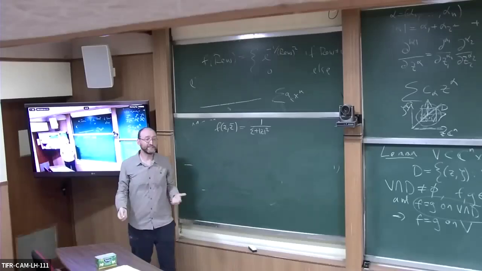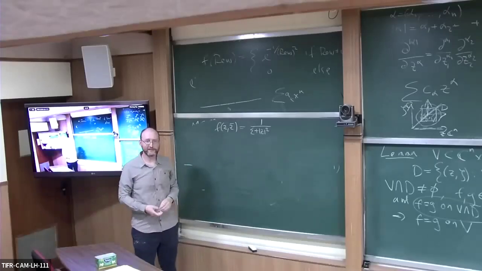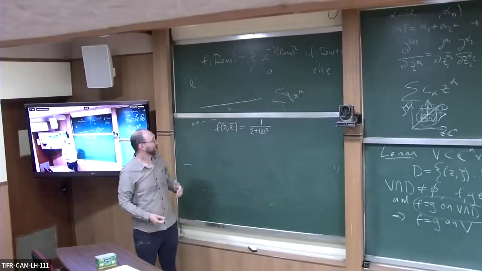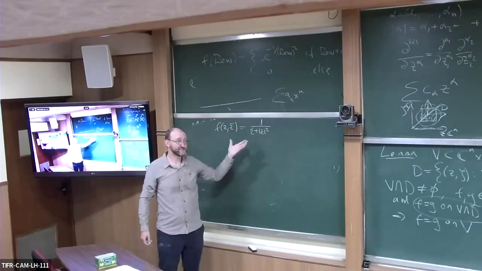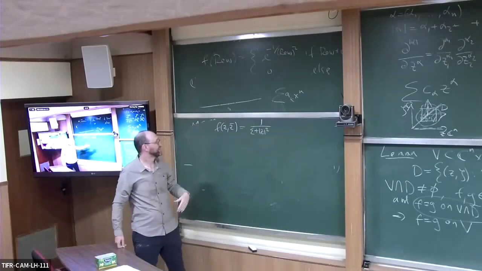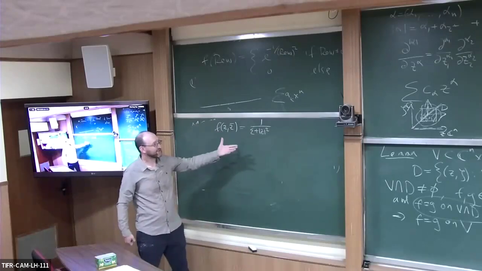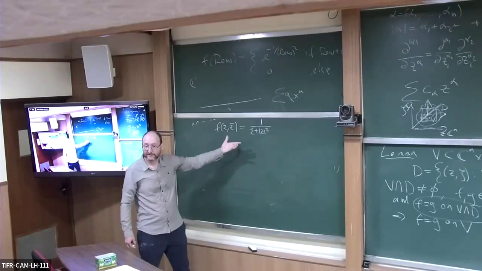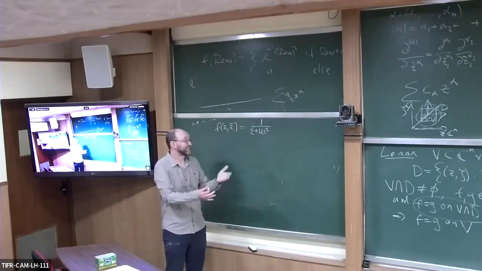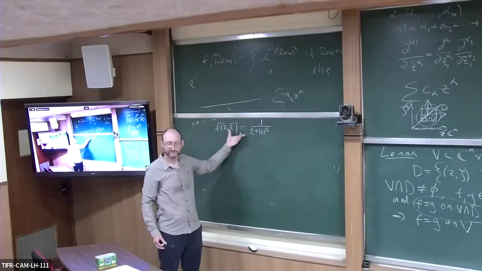This is for positive epsilon, right? This is a perfectly nice real analytic function on the entire C, right? But there is no holomorphic function on C2n, because that restricts to this thing.